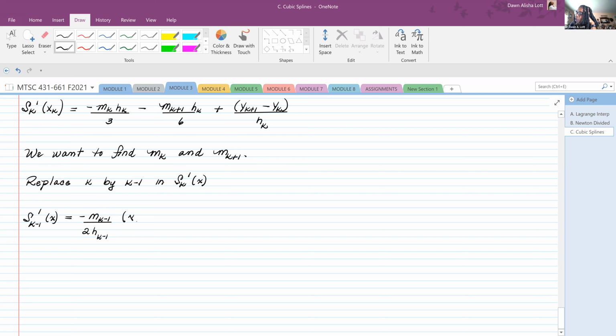This was x_{k+1} minus x, it's now x_k. This was M_{k+1}, it's now M_k. This was h_k, it's now h_{k-1}. And this was x minus x_k, so it is now x minus x_{k-1} squared.